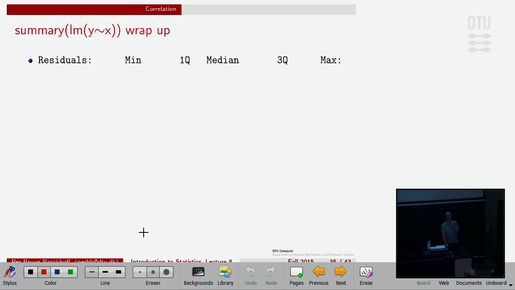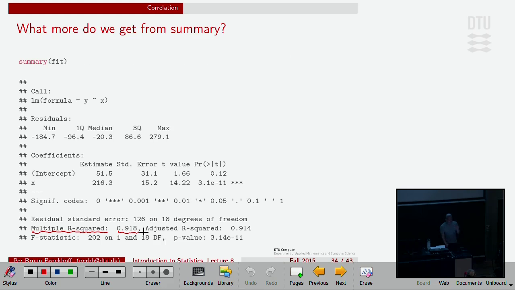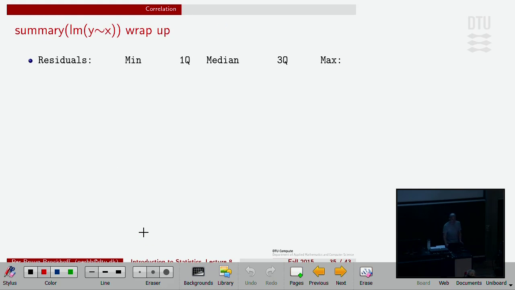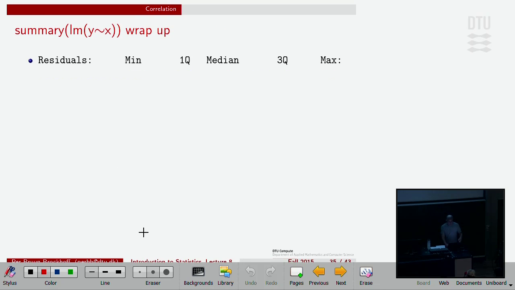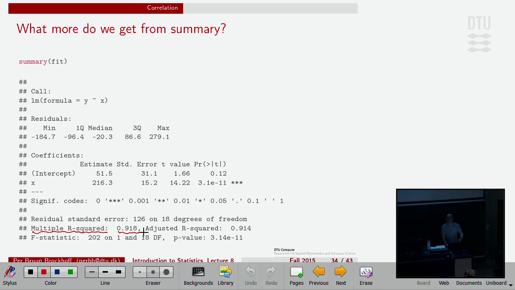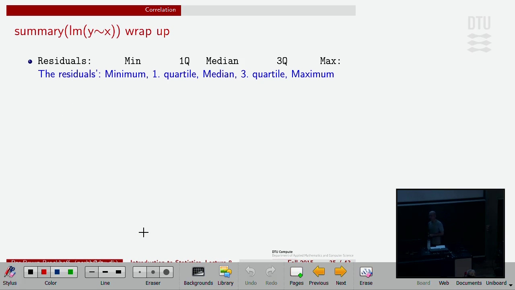But while looking at that, let's also dwell a little bit on the different outputs. What are we told by this summary output? I brought a slide summarizing the different information given to us by the summary function in R. It tells us a little summary of the residuals. The residuals are the individual deviations.